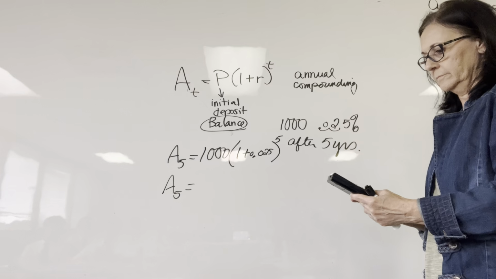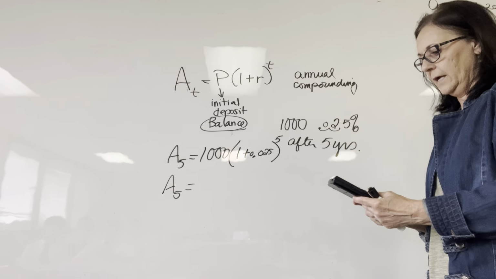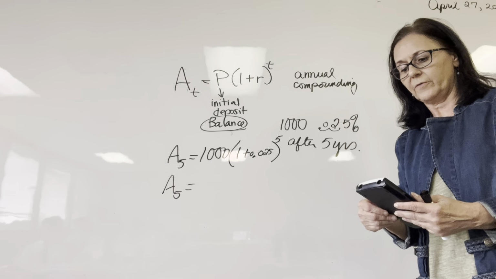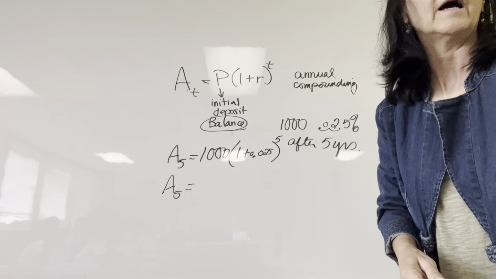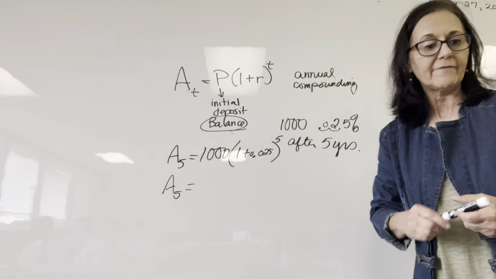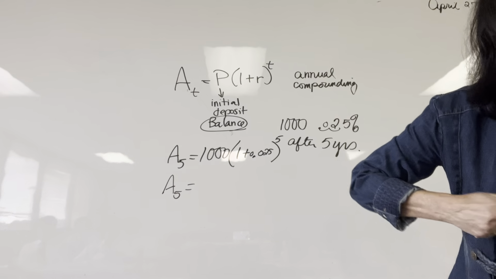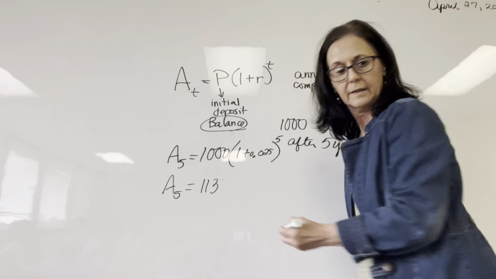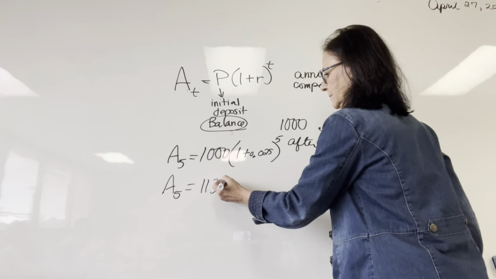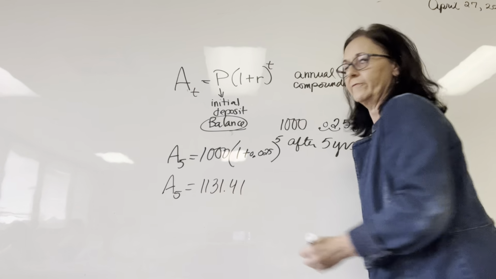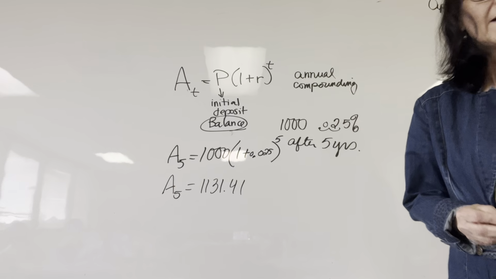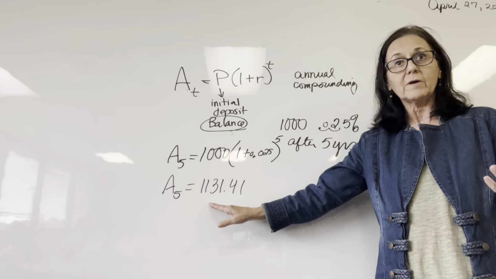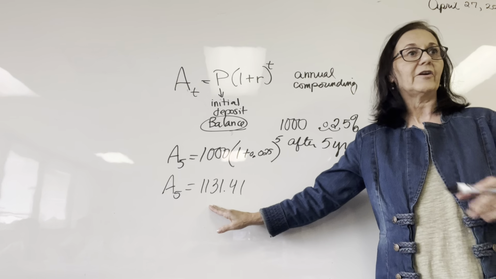What did you get, Elliot? 1,131.41. That's what I got. 1131.41. So how much interest have I earned? $131.41. Not bad, right? You're not earning this much now.